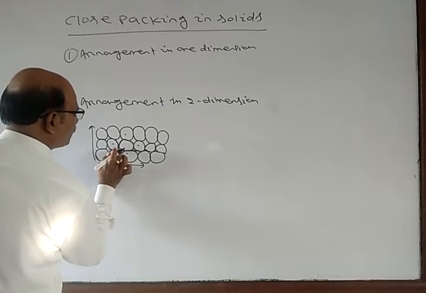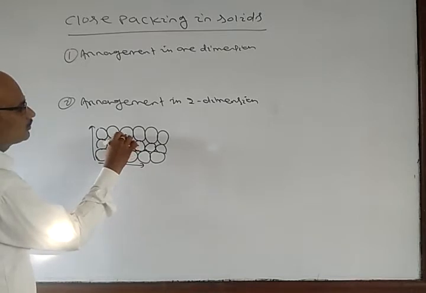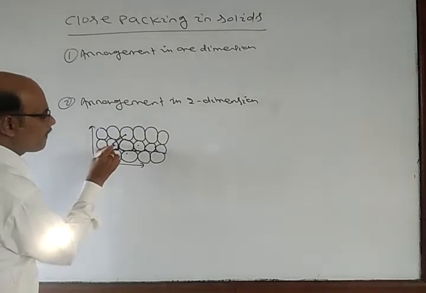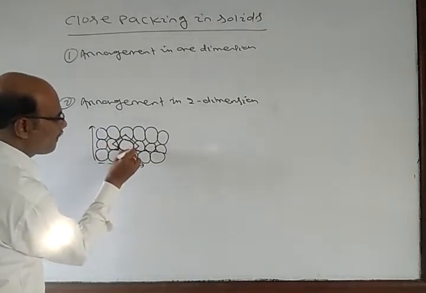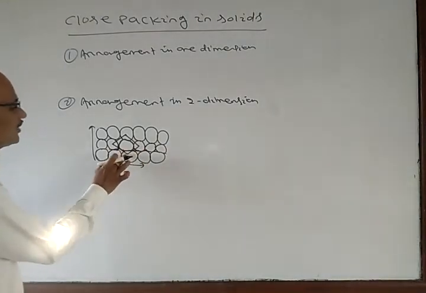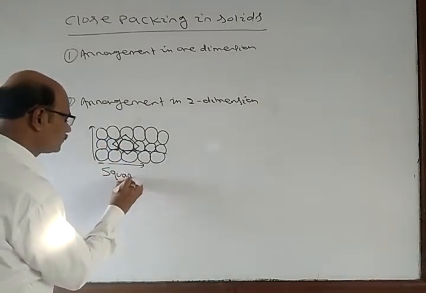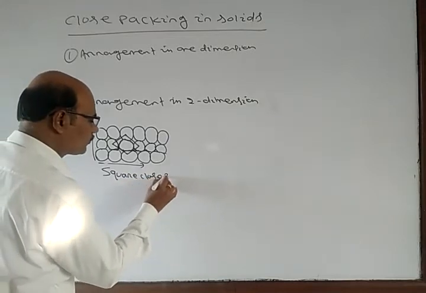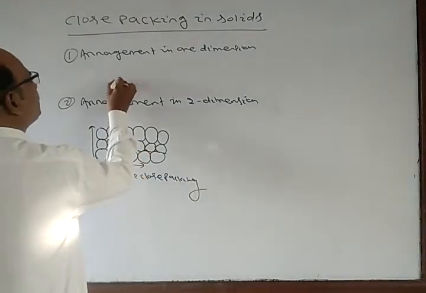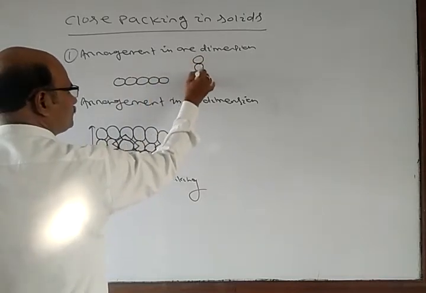Now this atom is attached to this one, attached to this one and this one. That means one atom is surrounded by other four atoms. So it's called square close packing, square close packing in two dimension. This already we have done here, in one dimension, this one or this one.